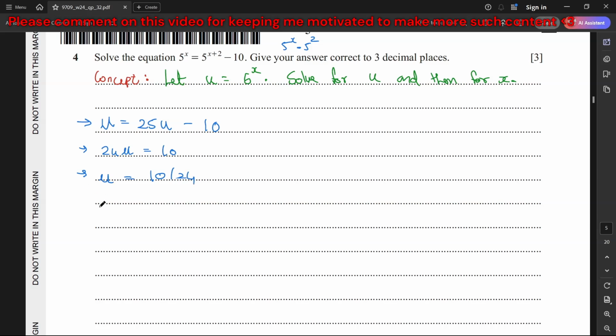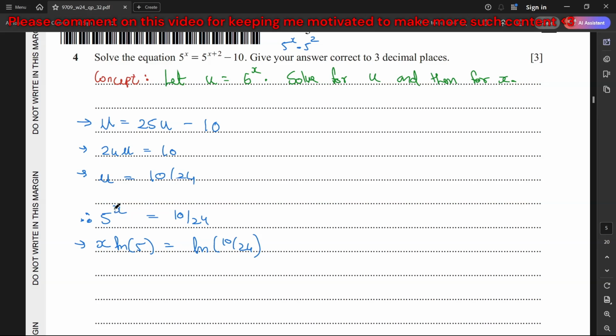And now if I convert my u into 5 power of x, so it's going to be 5 power of x is equal to 10 over 24. And then if I just want to get x down of 5, I can use ln rules. So ln of 5 power of x, due to the power rule, I can bring x down. So x ln 5 will be equal to ln of 10 by 24. The first thing is to introduce ln on both the sides.